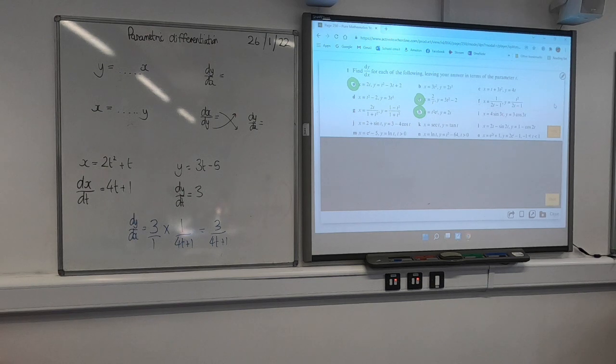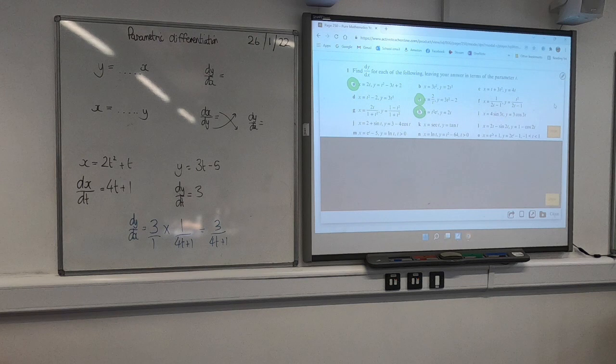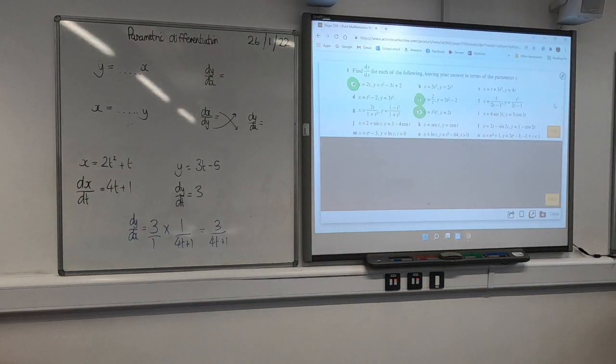Mine's, I've got a year one book thing on the wall. How has that happened? That's the stats and mechanics book that I bought for you to have at home.